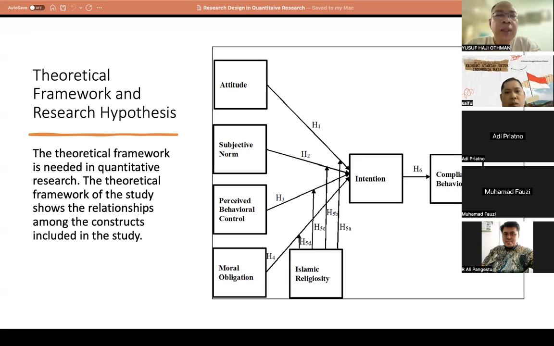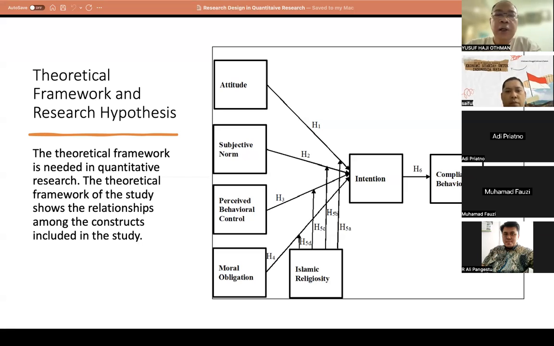And attitude is significant because respondents who have positive attitudes are more likely to pay income zakat, and attitude is influenced by the respondents' perception of the impact of that behavior, the impact of paying income zakat.